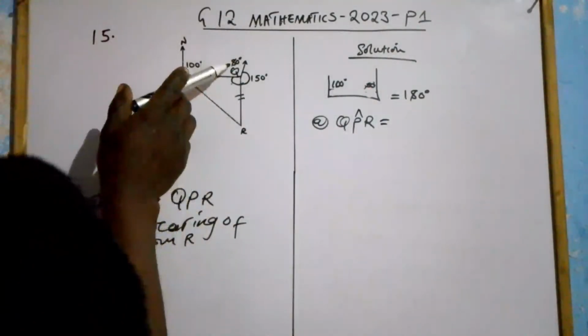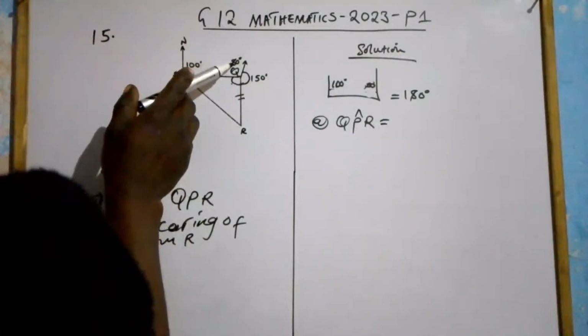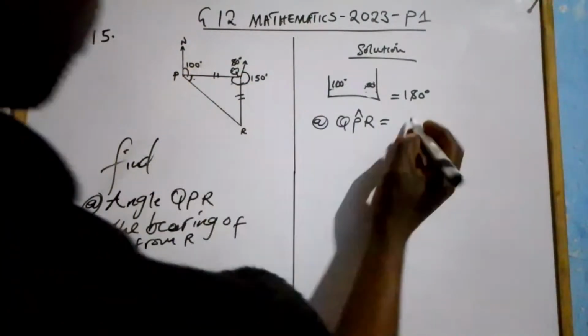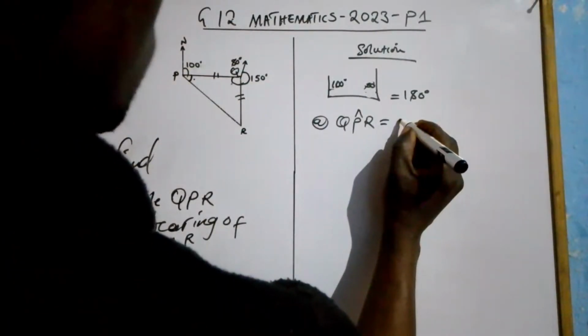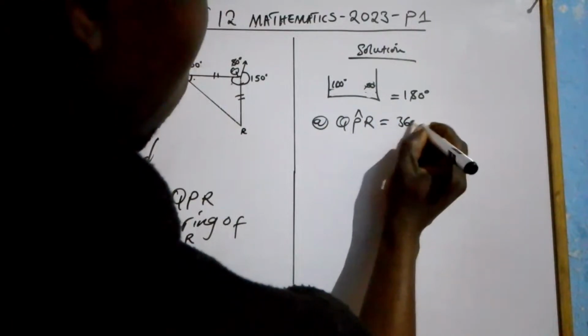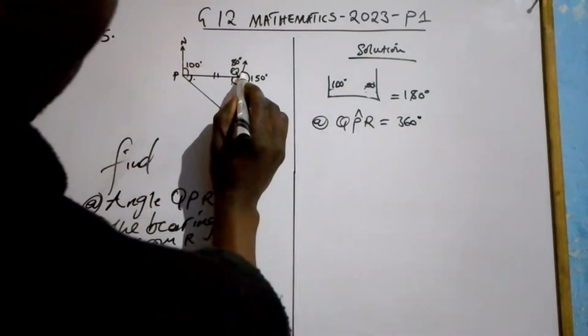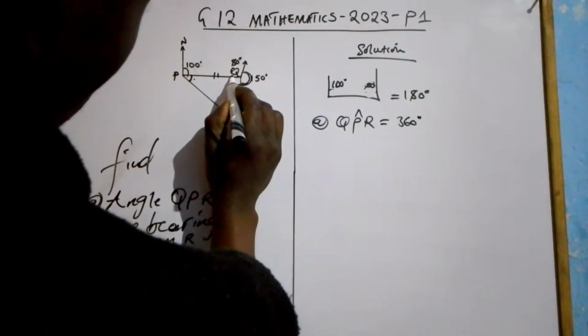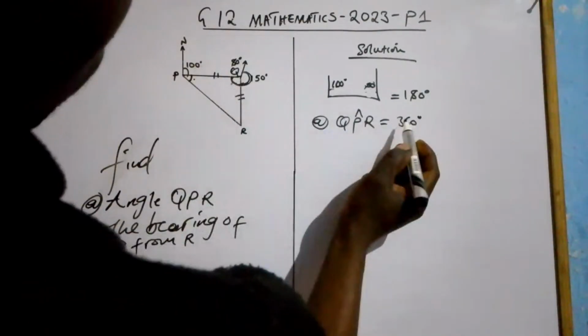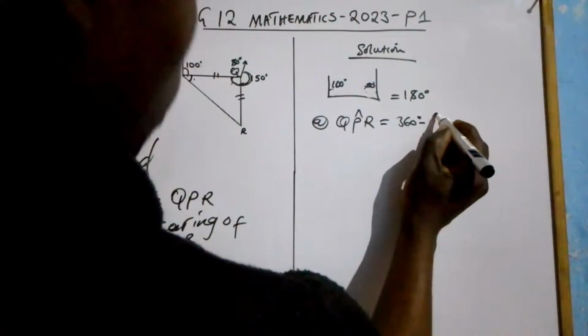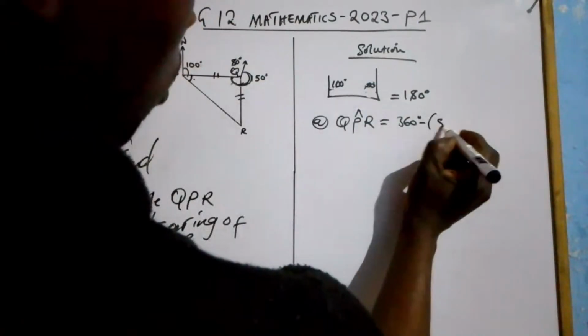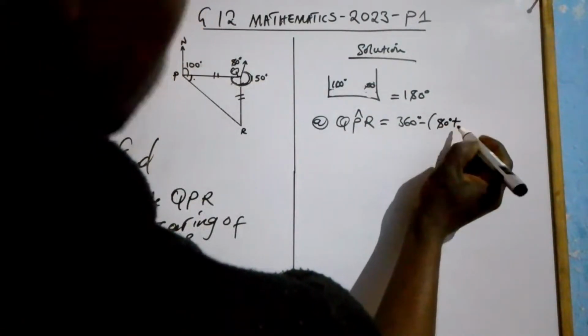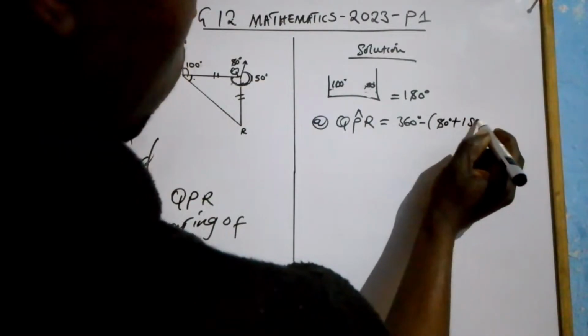So since we have found it is 80 here, we are going to say 360 degree, because this whole circle adds up to 360, minus an open bracket 80 degree plus 150 degree.